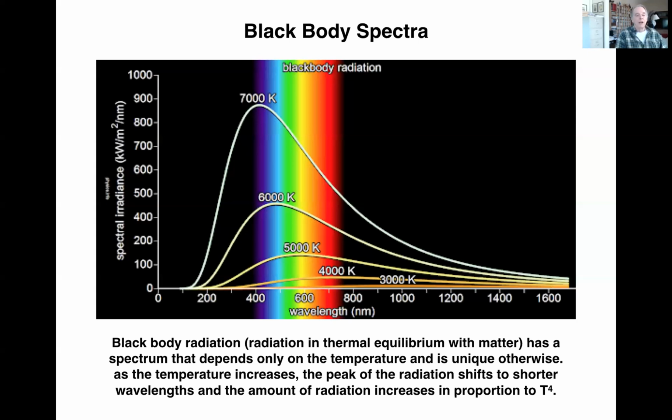It's the kind of radiation that you would find if you were to take, for example, a box with a fixed temperature of the walls of the box and radiation inside. Now, if you think of photons in that radiation at any particular frequency, some of those photons will be absorbed by the walls of the box.